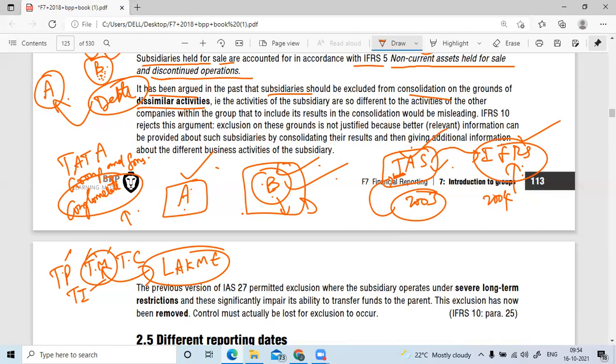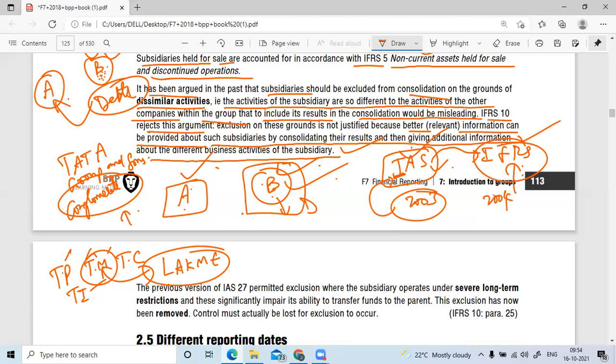The activities of the group and the subsidiary are very different. The activities of the subsidiary are so different from the activities of other companies within the group that to include its results in the consolidation would be misleading. But IFRS 10 rejects this argument. Exclusion on those grounds is not justified because better relevant information can be provided about such subsidiaries by consolidating their results and then giving additional information about the different business activities of the subsidiary.